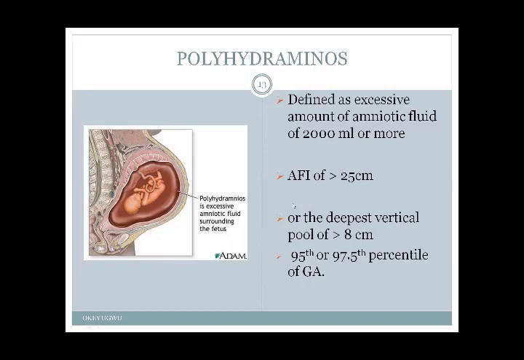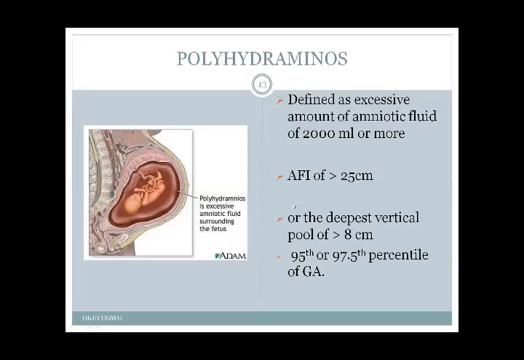And what is the deepest vertical pool? It is an ultrasound diagnosis where the uterine cavity is arbitrarily divided into four quadrants, and the amniotic fluid volume is studied in each pocket devoid of any fetal tissue or umbilical cord. This is known as the deepest vertical pool.